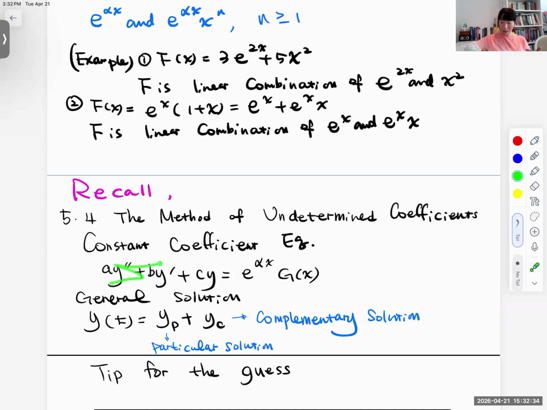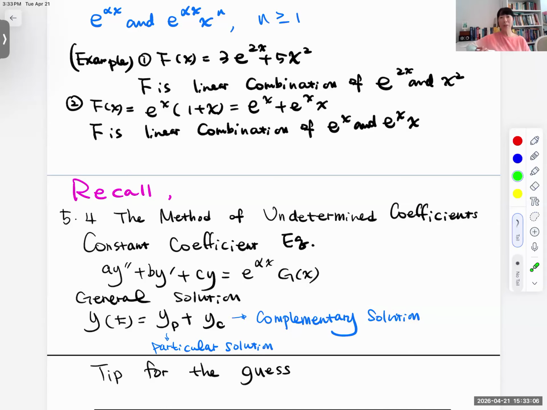If we have a constant coefficient equation on the left side, from a linear second order equation, then on the right side we have e to the alpha x, which we call g of x. In that case, the general solution consists of a particular solution plus the complementary solution.